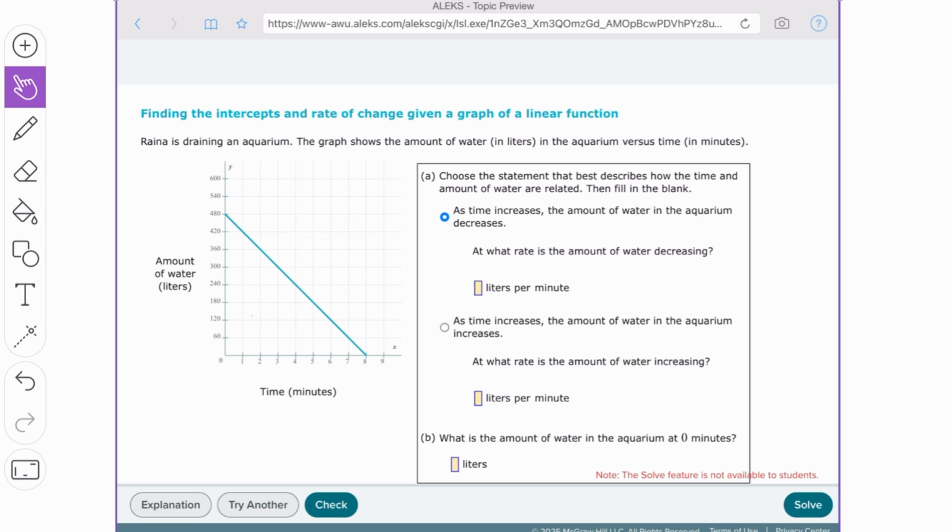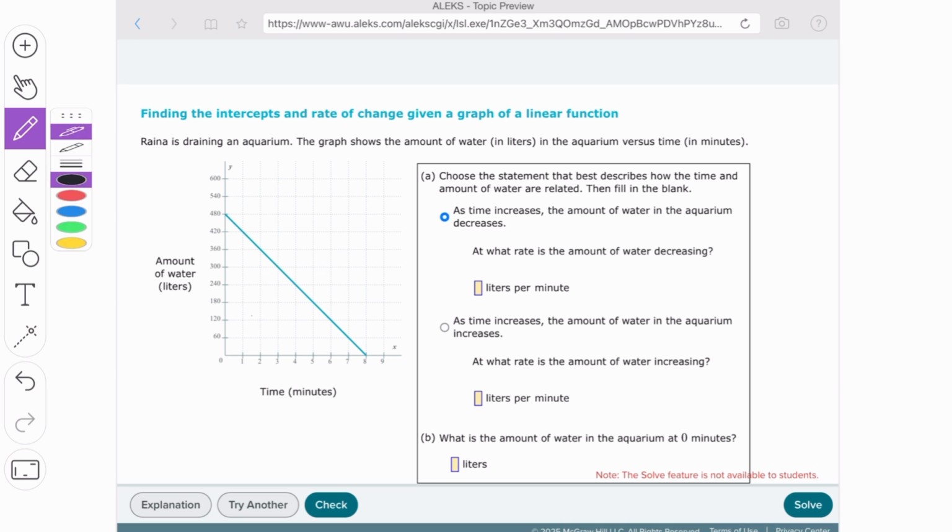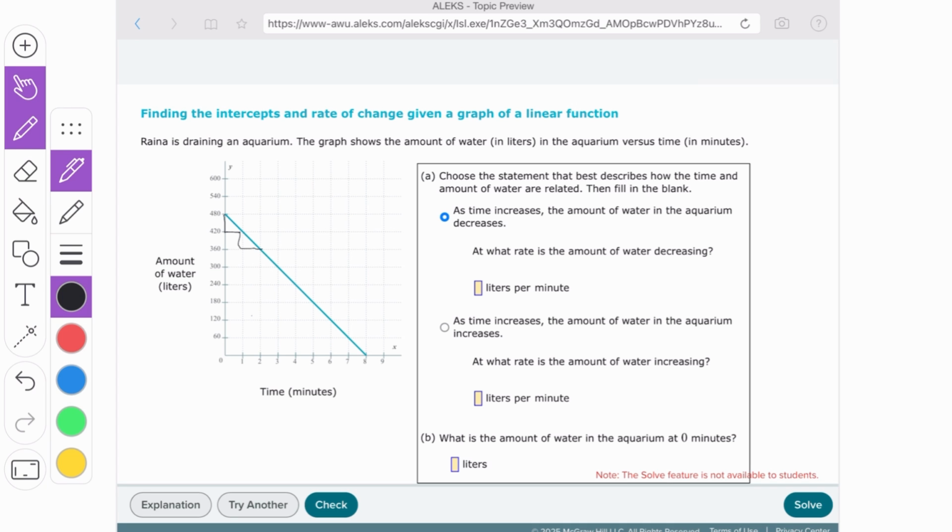We just need to find out how much. So this one looks a lot simpler, because as I go down over here from 480 to 420, and then I do it again, it's a perfect crosshair. Sorry, it's not the most perfect line. And that's 60. So that's also called the slope.